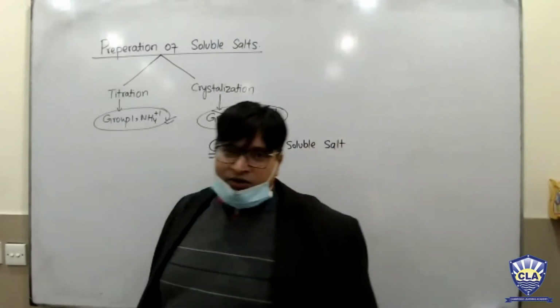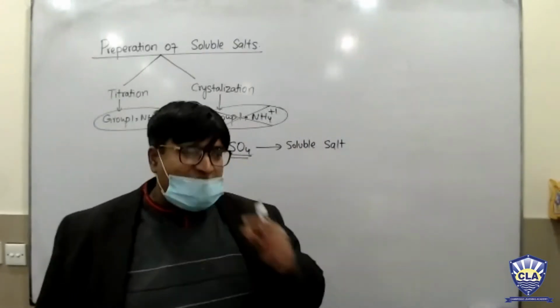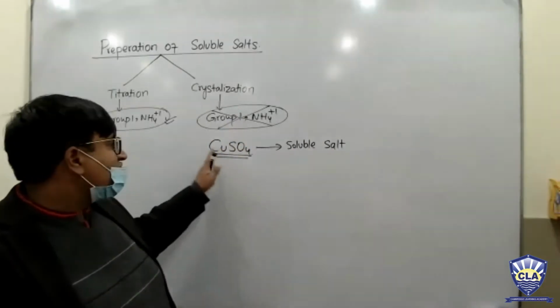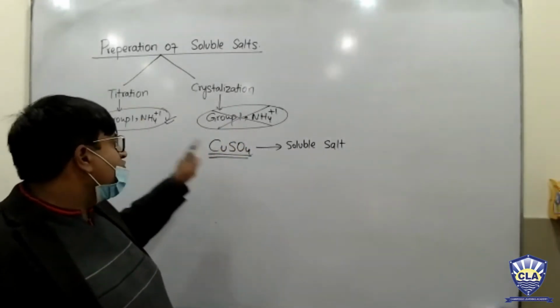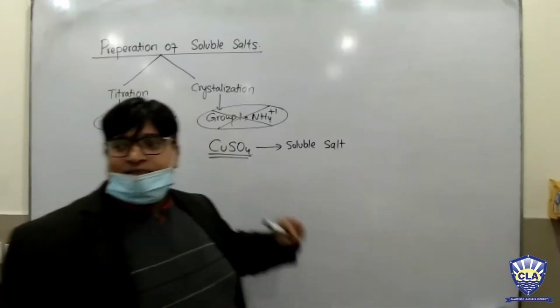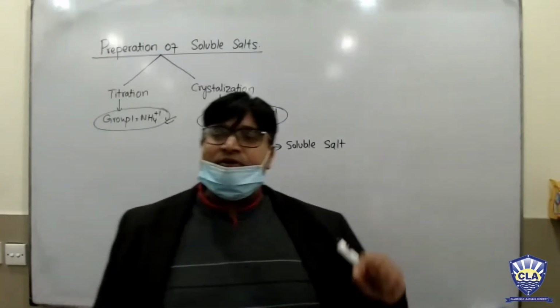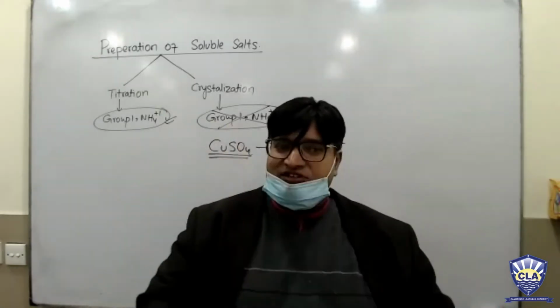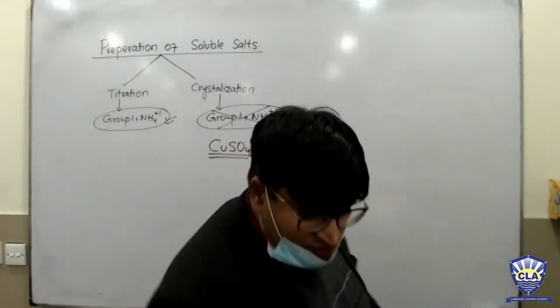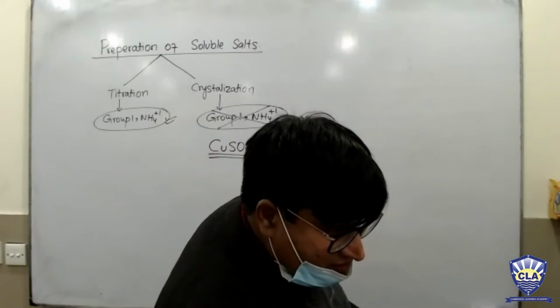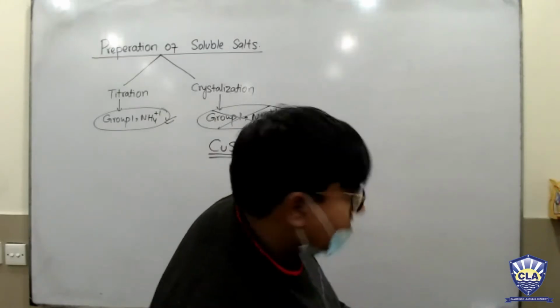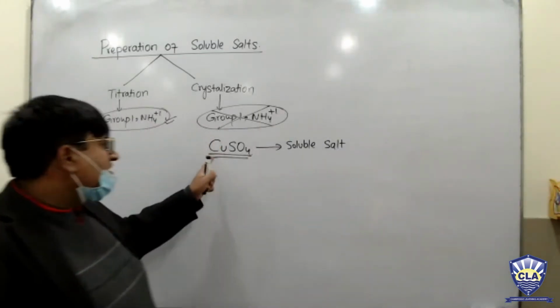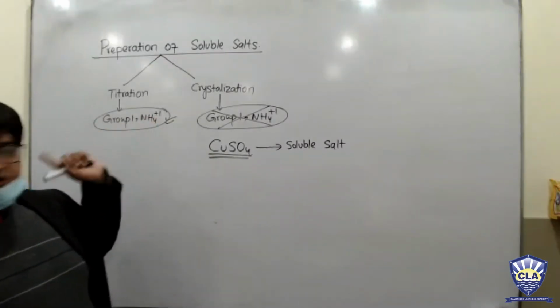Now our second step: we have to see whether the salt contains a group 1 metal or ammonium. If you look at copper in the periodic table, which is provided in the paper, it is a transition metal. So it means copper is not from group 1 or ammonium.